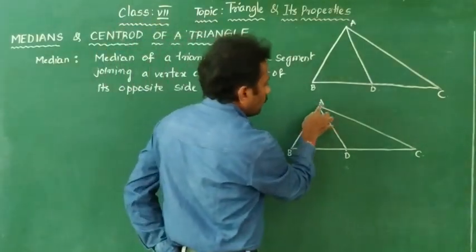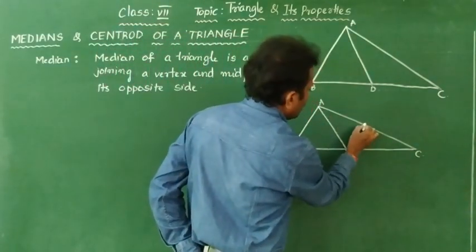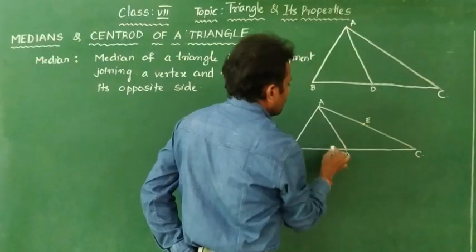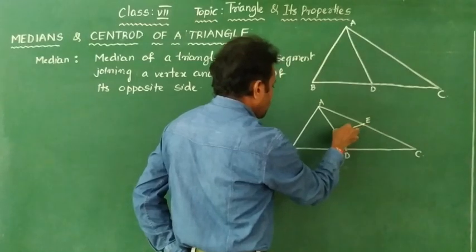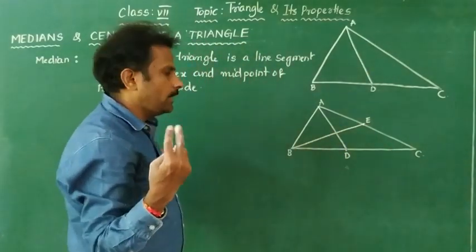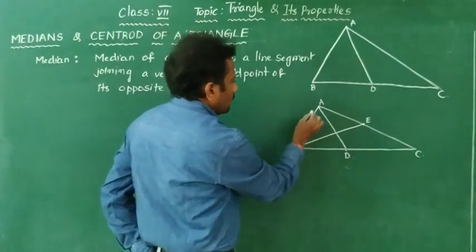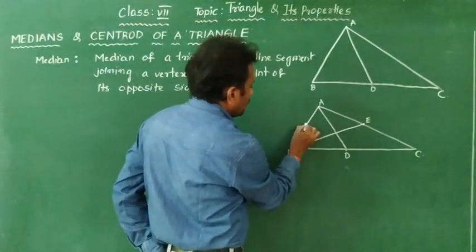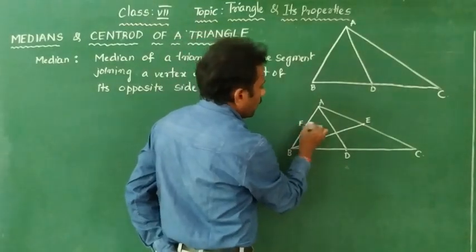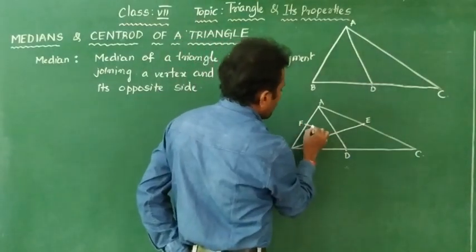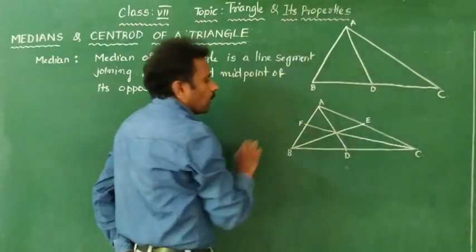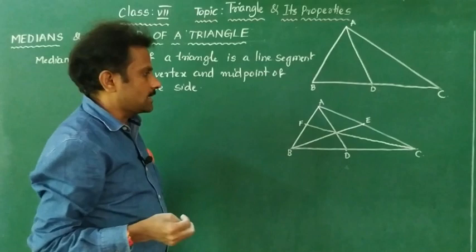Similarly, the midpoint of AC also you identify. This midpoint you take as E, then you join E and B. That means you have got so far two medians. Similarly, the midpoint of AB, this you take as F. Then if you join C and F, you have got three medians.